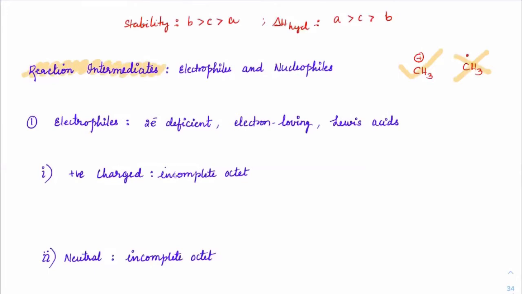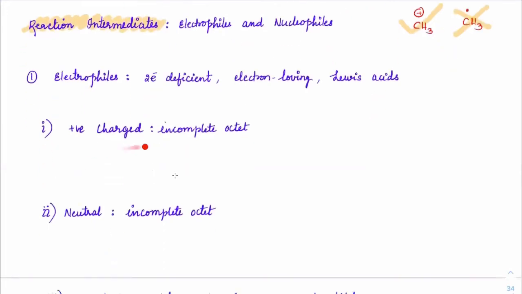What are the positively charged electrophiles? Positively charged species which have an incomplete octet. Some examples: H plus, CH3 plus, in fact any R plus, any alkyl plus, and Cl plus, NO2 plus, NO plus, PhN2 plus. These are all electrophiles.